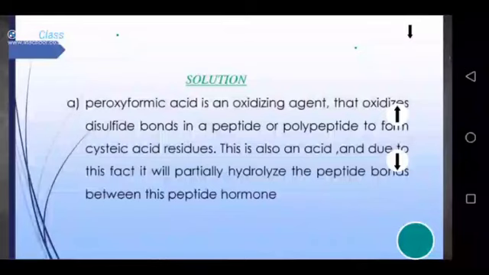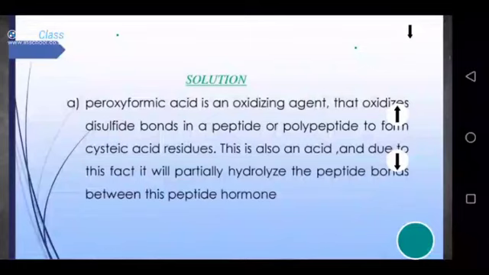If you look at the question, I told you to note something on partially hydrolyzed. The partial hydrolysis is done by the peroxyformic acid. So it has two functions, oxidizing and partially hydrolyzing. Those are the two functions of peroxyformic acid.